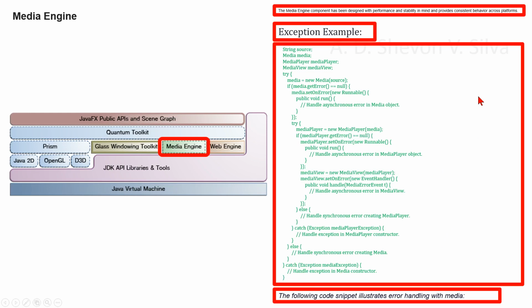And asynchronous errors will cause a JavaFX property to be set. In the latter case, either the error property may be observed directly, an on error callback registered, or possibly both.